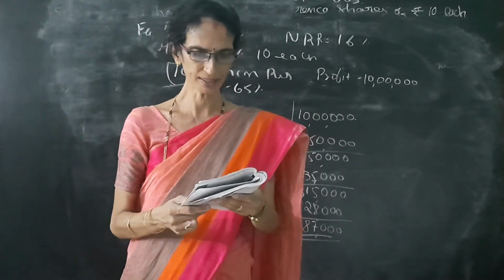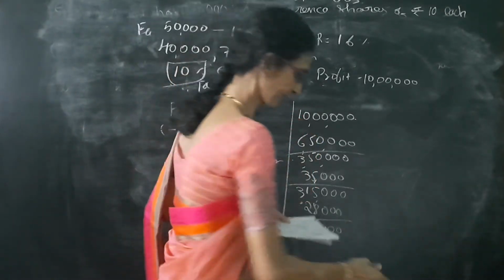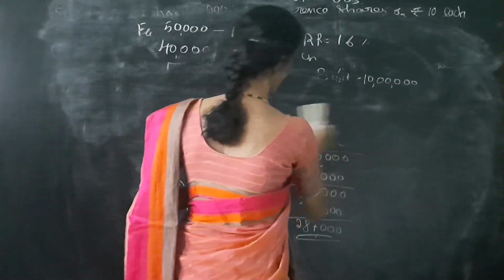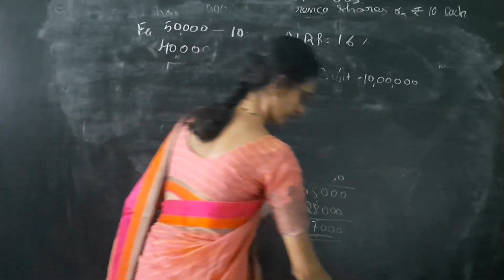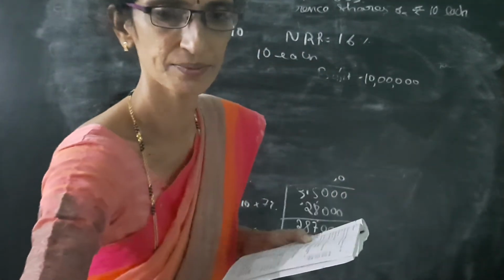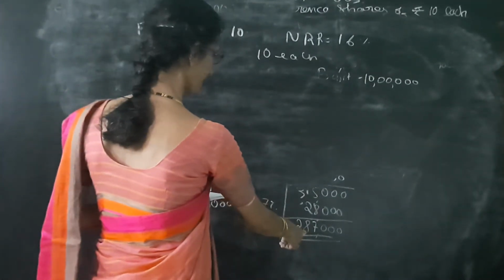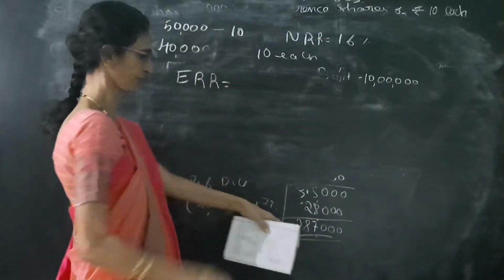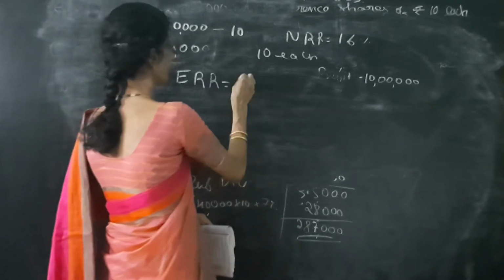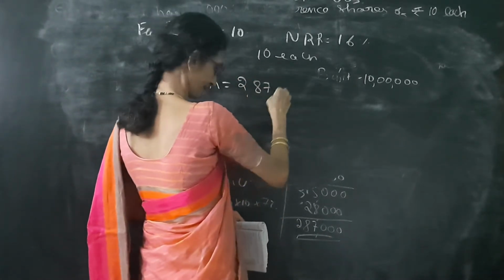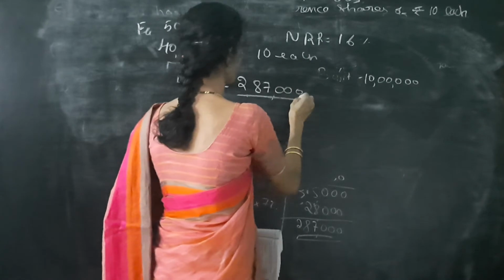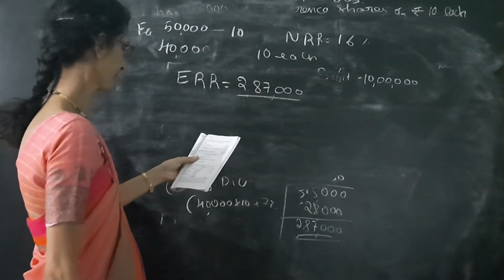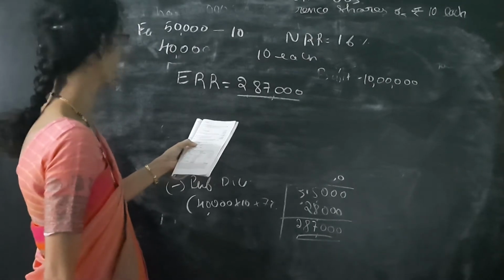Then we have to calculate the ERR. ERR is equal to profit available to shareholders, that is 2,87,000, divided by the total paid up capital.